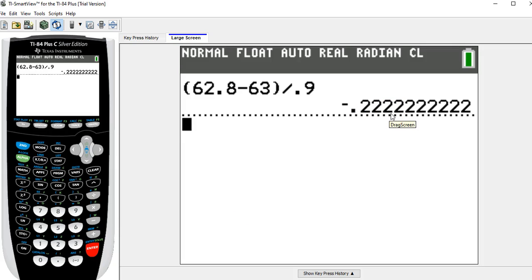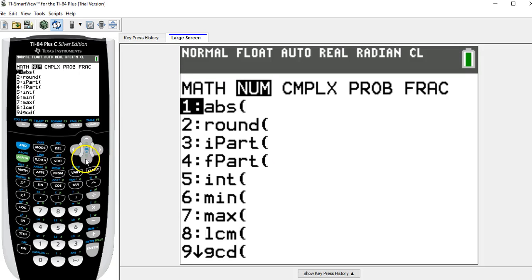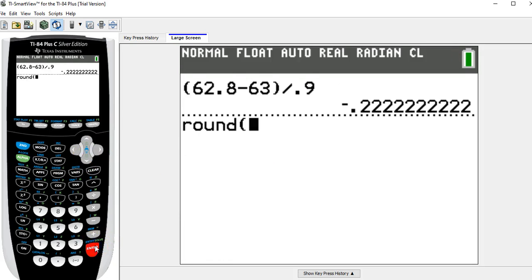Now, I like to do the rounding and the calculation all in one shot. I can use math, num, round, and put the same calculation inside there: parentheses 62.8 minus 63, close the parentheses, divided by 0.9.